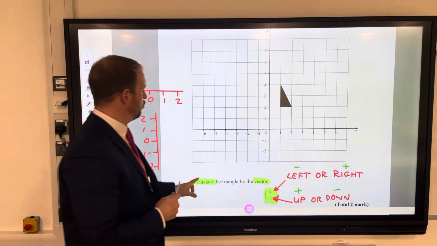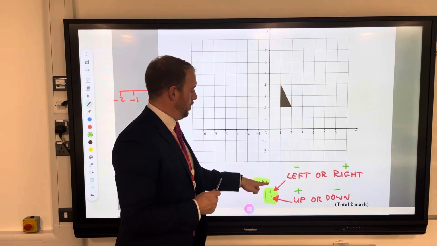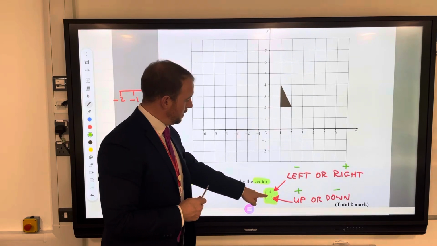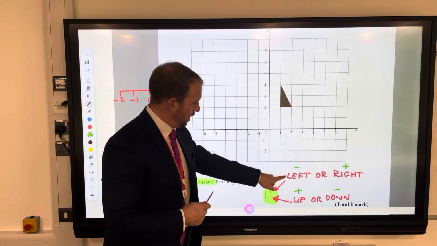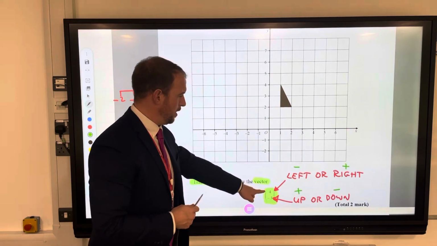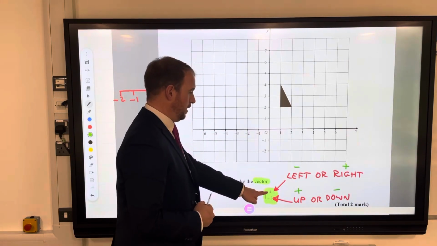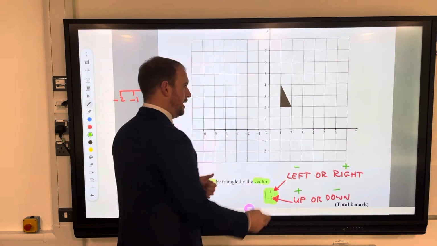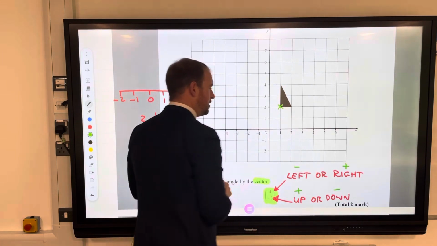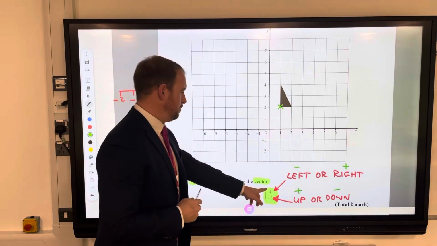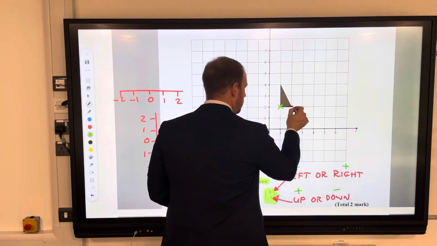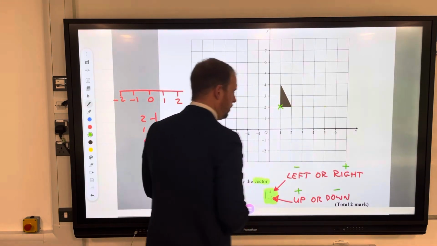So then if we were to translate that shape using this column vector, we have 4 here to the left or right, but it's a positive number. So this means this shape has to move 4 units to the right. So let's pick a vertex. Let's go for that one there. Let's move 4 places to the right: 1, 2, 3, 4.